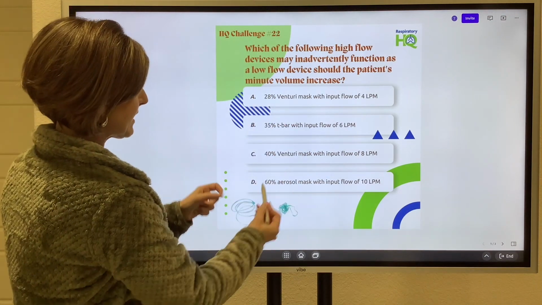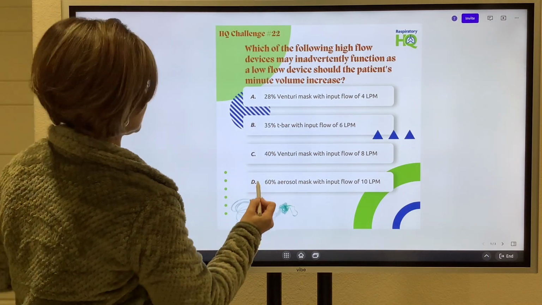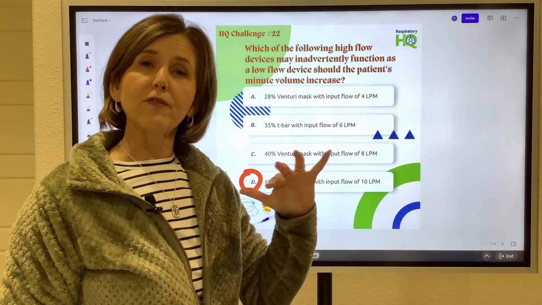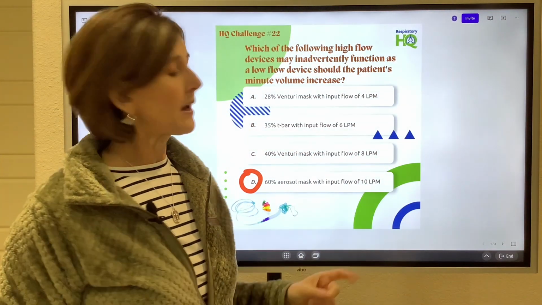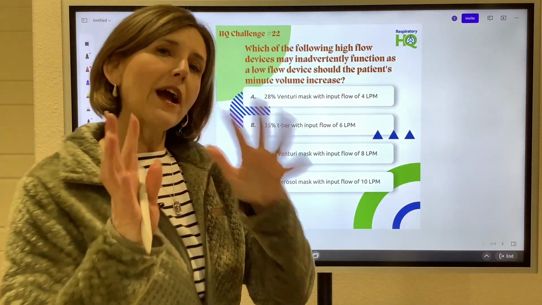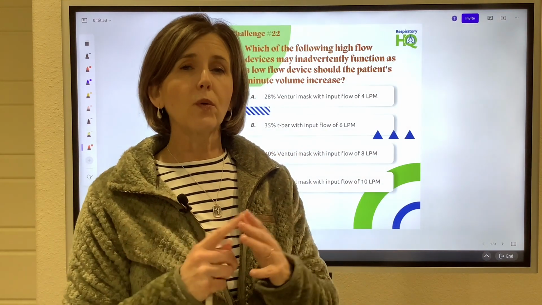So of all of these, this one is going to be the device that may inadvertently function as a low flow system, meaning that patient won't get that precise 60%.